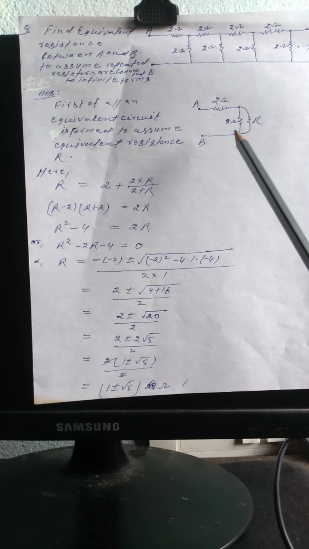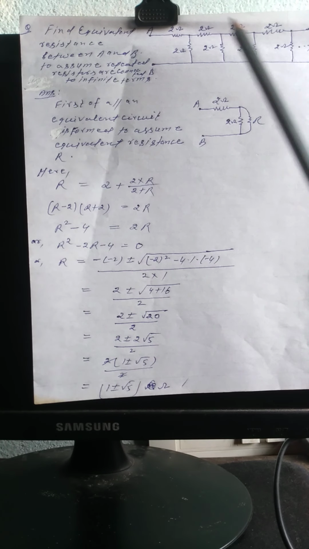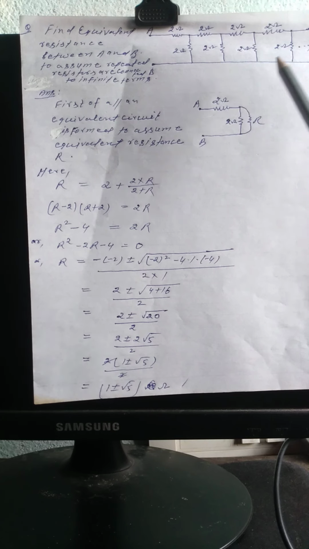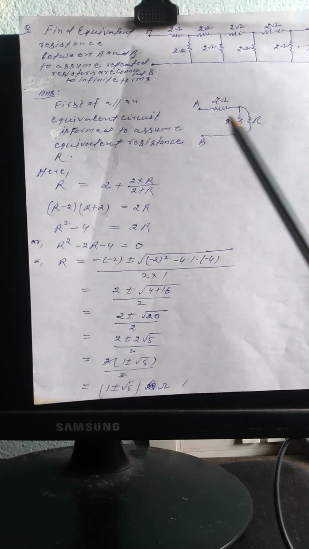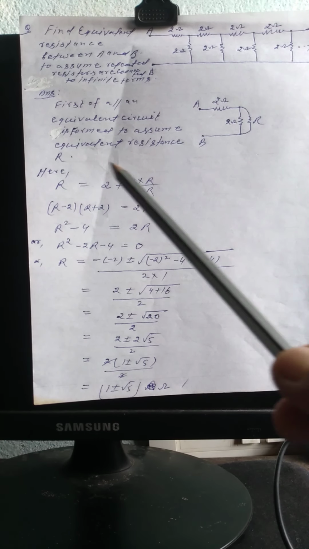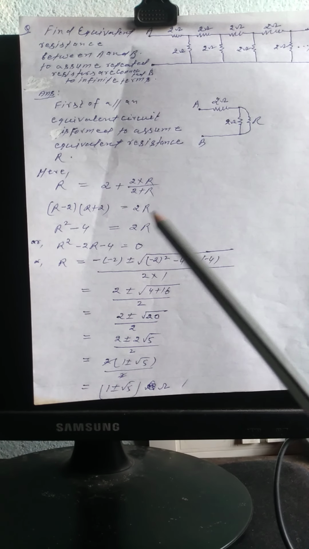So now 2 ohm and 2 ohm, these are repeated resistors. Suppose the equivalent resistance is R, then after removing these repeated resistors, the equivalent resistance will also be equal to R. Now these 2 ohm and 2 ohm will be in parallel, and again in series with 2 ohm. So R is equal to 2 plus 2 into R by 2 plus R.